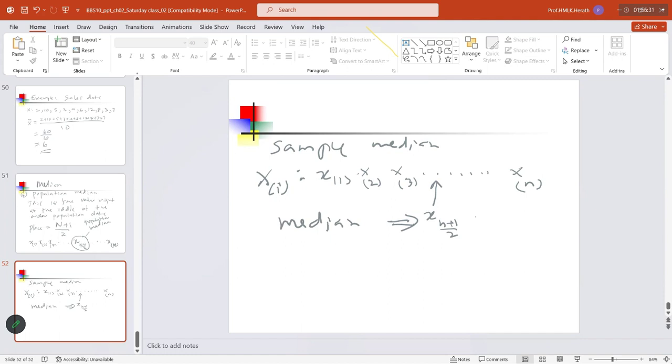To estimate the median, follow the following steps. The first one is the ordered array.